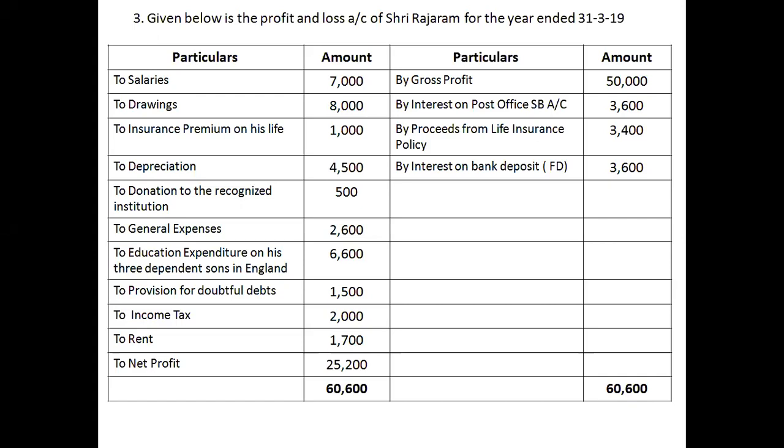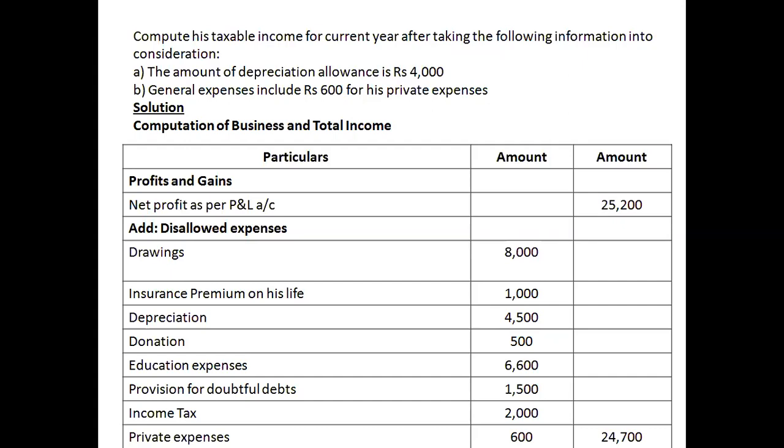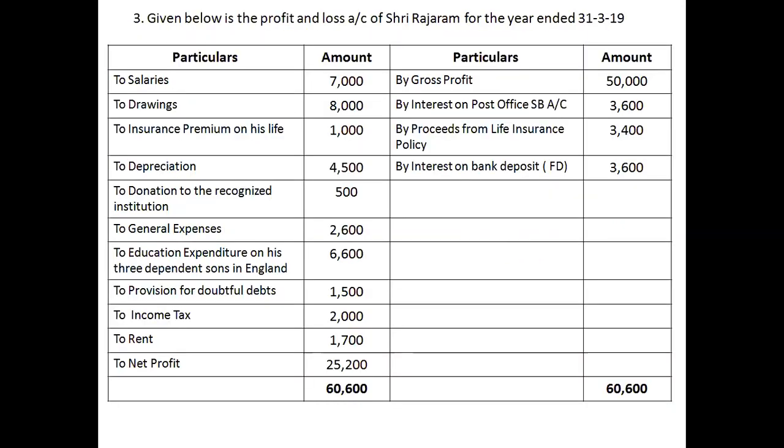Here, in the third problem, they have given information about the P&L account and adjustments. So we'll see the problem. Given below is the profit and loss account of Sri Rajaram for the year ended 31/3/2019.